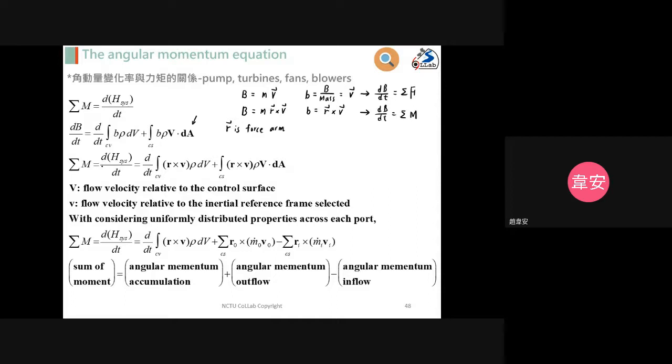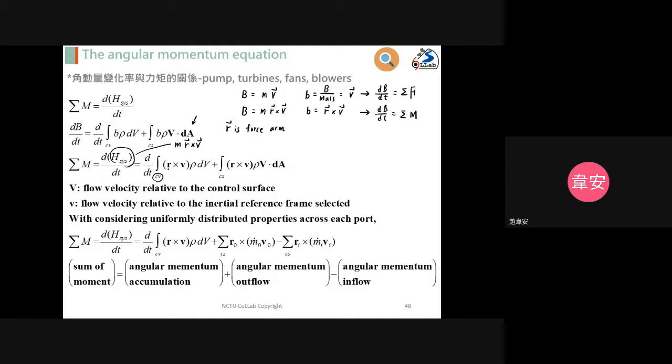Okay, so now we know that the H system shown here is the m r vector cross the V vector, and the momentum changes within the control volume.